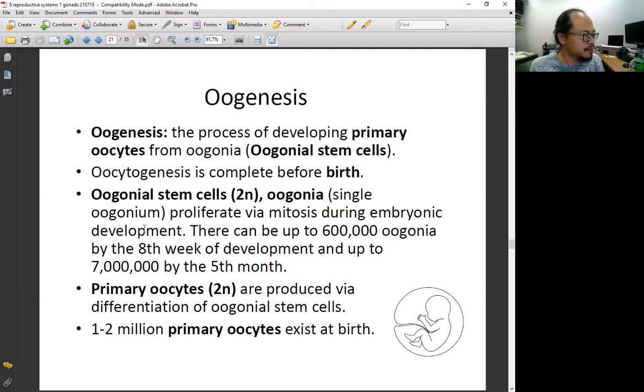It was estimated that by the fifth month of gestational age, we will have about 7 million oogonia inside the female baby, the female embryo, basically.